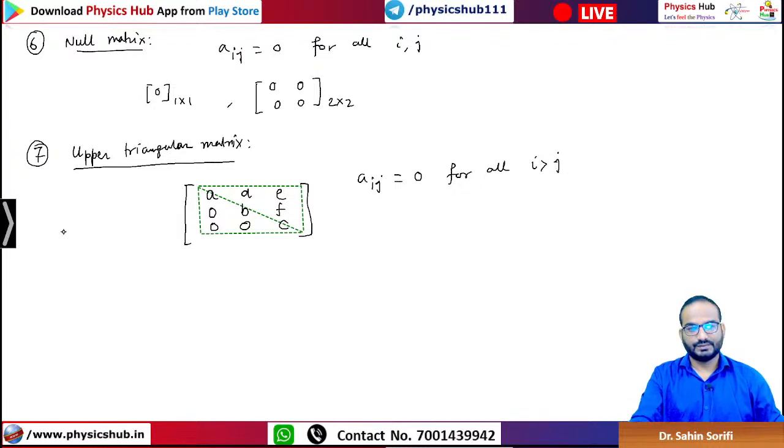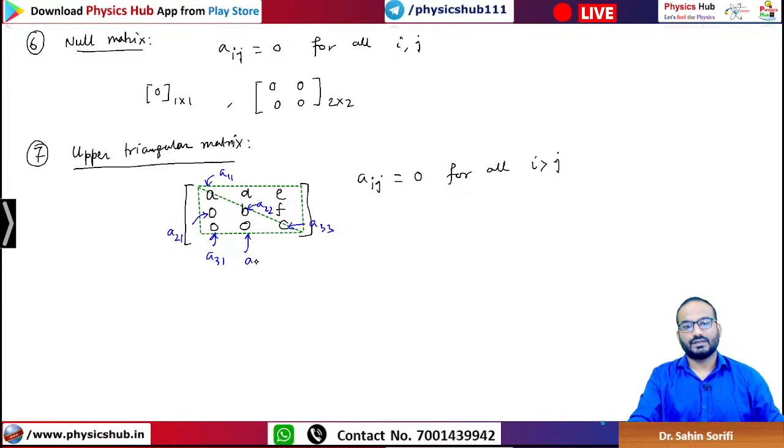What is this element? This is A11, this is A22, this is A33, and what is this element? This is A21. You can see i greater than j. This is A31, i greater than j.